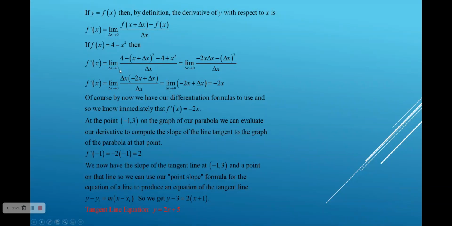Now, this limit here is as delta x approaches 0. This difference quotient, with that being the function, would look like this. You're replacing your x with x plus delta x, this thing here, and then minus your f of x, distributing the subtraction, we get this. If I square this thing here and do a little simplifying, 4 minus 4 is 0, and we have a negative x squared plus x squared, which is 0.